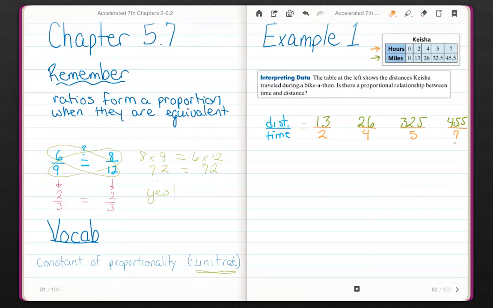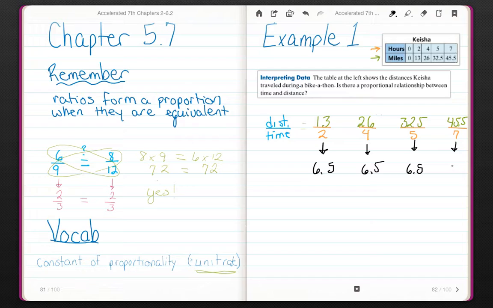So I want to know if each of these form a proportion. Are all 4 of these equivalent? So what I'm going to do is I'm actually going to divide. And you may use a calculator for this. So if I divide 13 divided by 2, I'm going to get 6.5. 26 divided by 4, also 6.5. 32.5 divided by 5, 6.5.